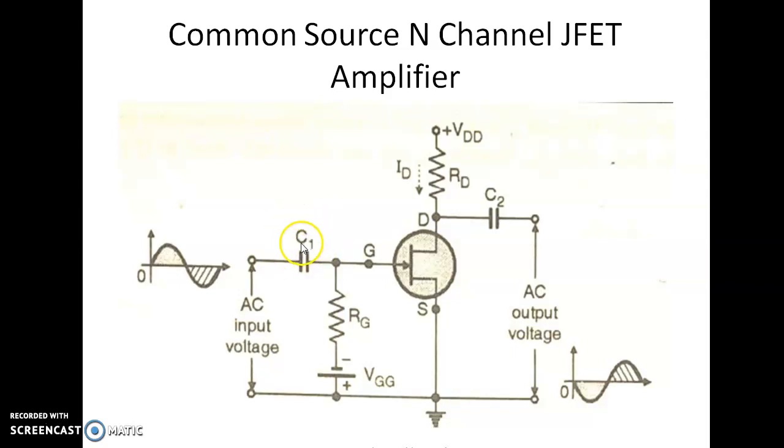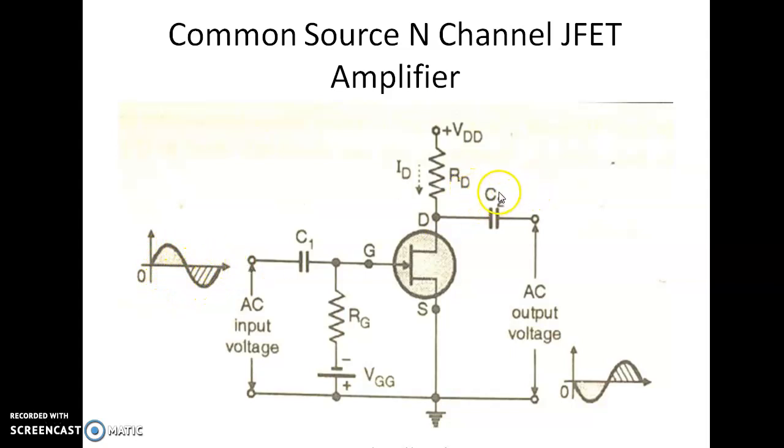Capacitive reactance Xc is inversely proportional to frequency: Xc1 equals 1 upon 2 pi f c1. 2 pi c1 is constant, so if frequency increases, capacitive reactance decreases. So coupling capacitor C1 passes the high frequency component but blocks the DC component. It passes the AC input signal applied to the gate terminal of the junction field effect transistor.